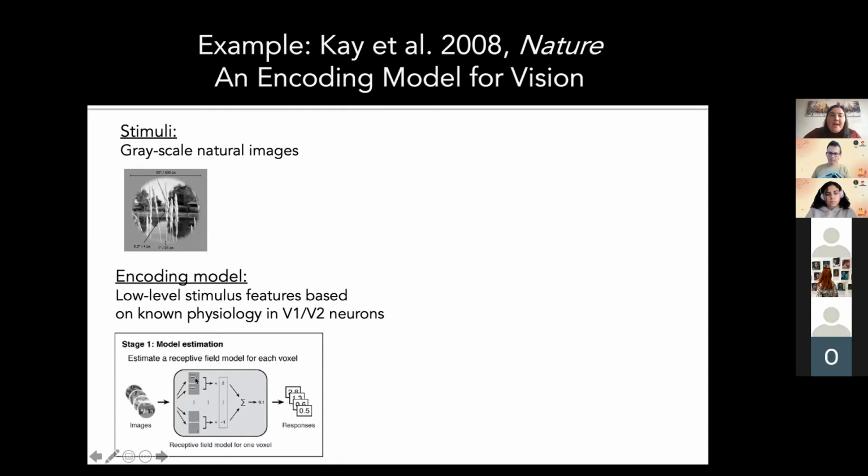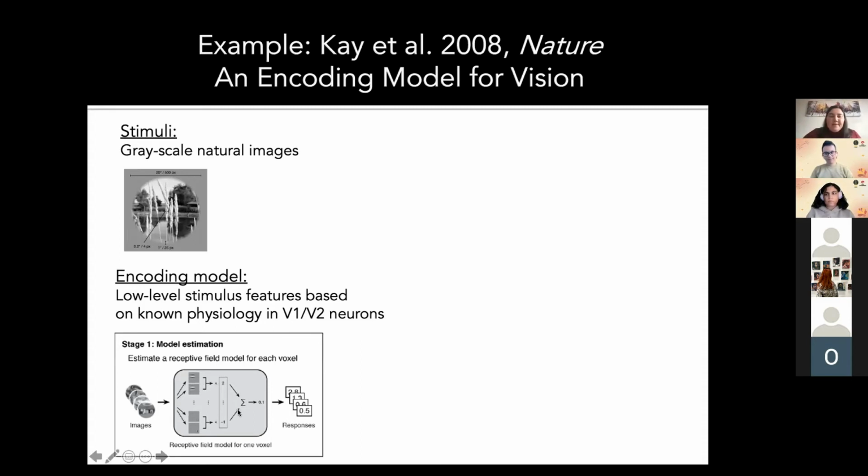studies, as I said. So for example, we know that in primary visual cortex there are all these orientation selectivities. They basically have these receptive field models where each voxel has a certain, let's say, bias, and they have certain activity, and they basically convolve it with some important aspects of fMRI data like the HRF, etc. So I can tell you more about this if you have any questions.